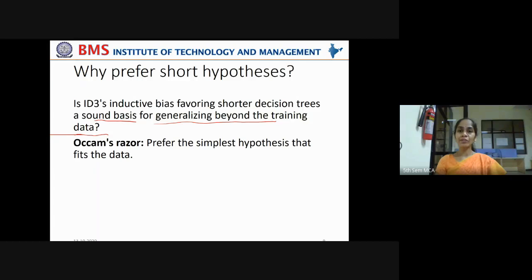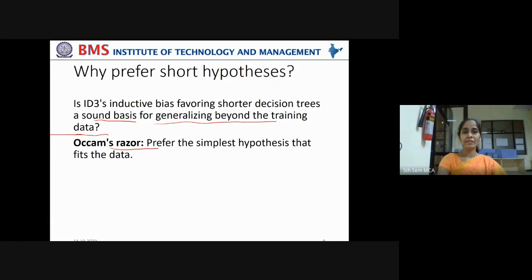ID3 makes the assumption that it prefers shorter decision trees over longer or complex decision trees because they may generalize well to unseen data. But does this assumption have any support historically? This is a question much debated among scientists since nearly the 1300s.